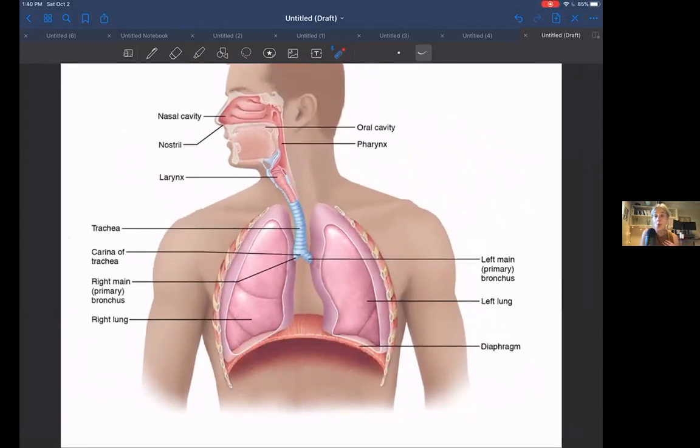It is a dome-shaped muscle, which helps in breathing. When we inhale, the diaphragm moves down and flattens out, and that increases the volume of the lungs so that air is automatically drawn into the lungs. All of these structures are part of my respiratory system.